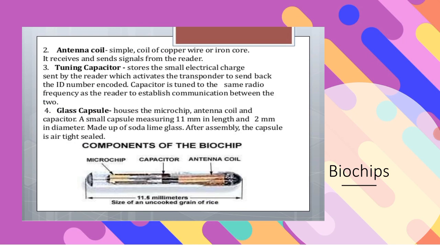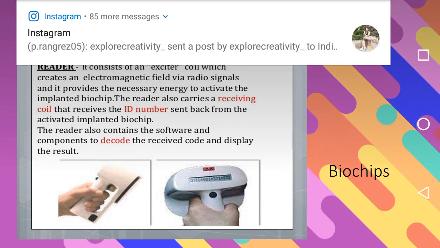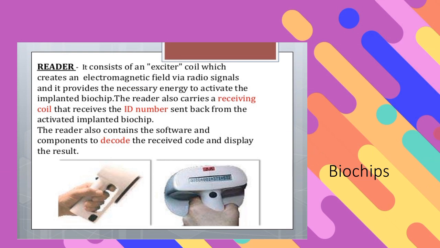Now next we will see the reader or the detector, which is the second major component that makes up the biochip. The reader, as the name says, will read the signals. It will read the signal and convert it in such a way that it will display the result digitally on the screen.